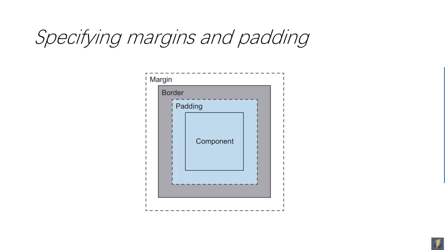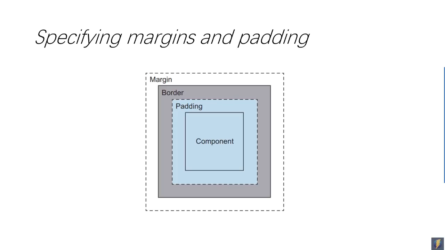Margins and paddings work exactly the same as they do in CSS. The margin determines how far an element is from the previous or parent components. Margin has four properties: margin top, margin right, margin bottom, and margin left.